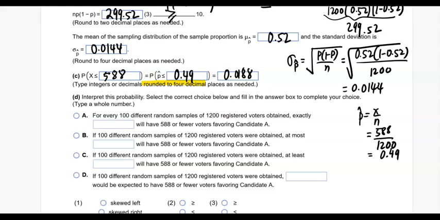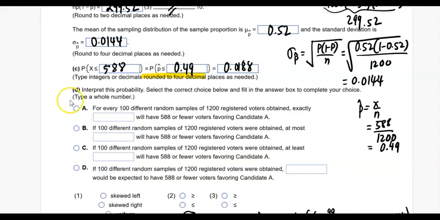That's the probability of X less than or equal to 588, or p hat less than or equal to 0.49, because 588 is the same as 0.49 as a proportion.